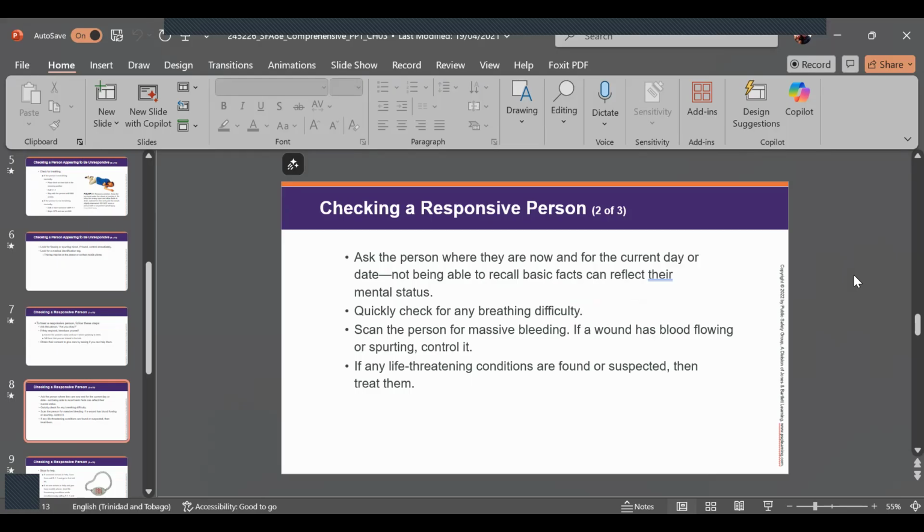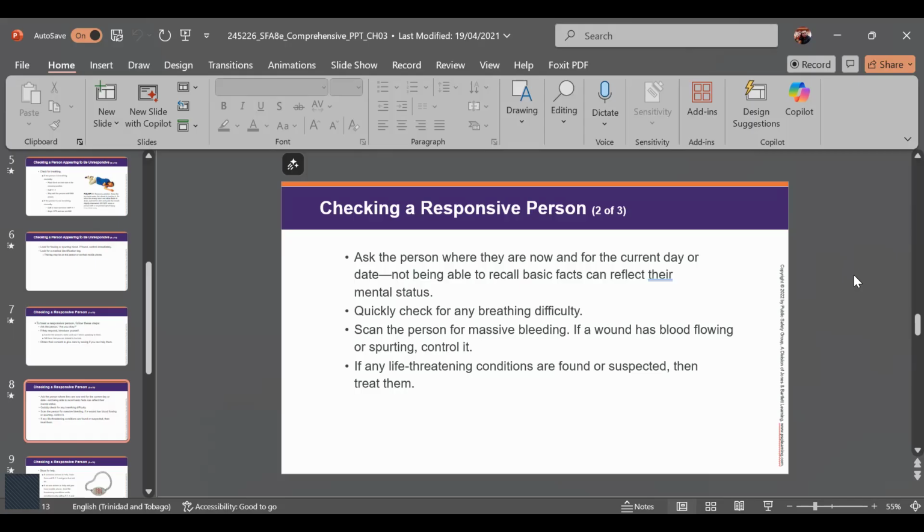And the typical guideline we use is day, place, time, event, all those things, right? For EMTs. For first aiders, let's keep it simple. Ask them if they know where they are, they know what day today is, those things. It tells you that the person is not just conscious, but they're alert.